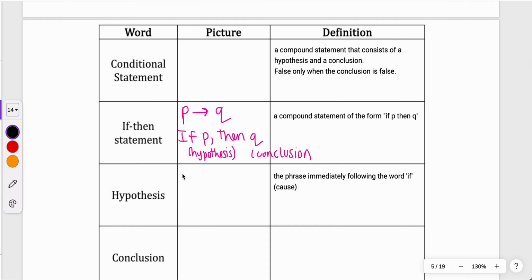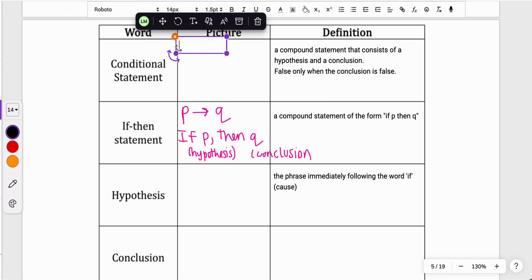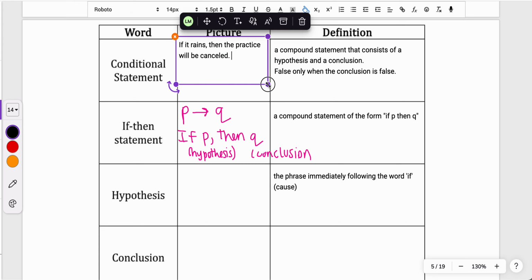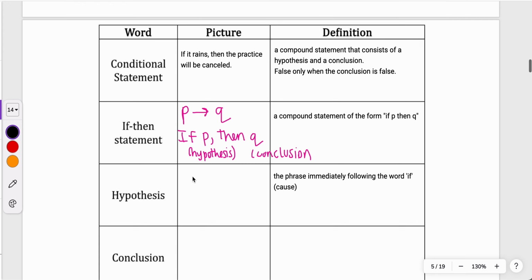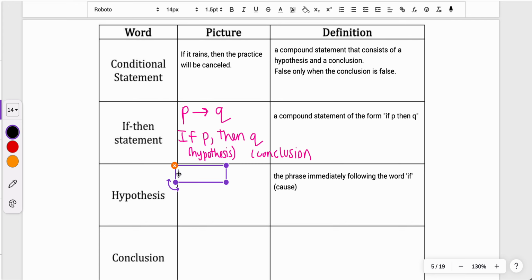So for example, I'm going to give you a conditional statement: if it rains, then the practice will be canceled. Okay? So this is written in a format of a conditional statement. So the hypothesis of that statement is if it rains. So the rain, it is raining, that is the hypothesis.